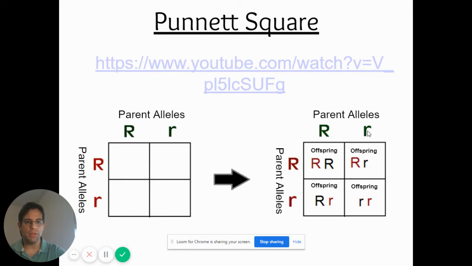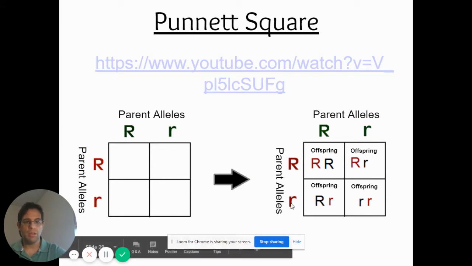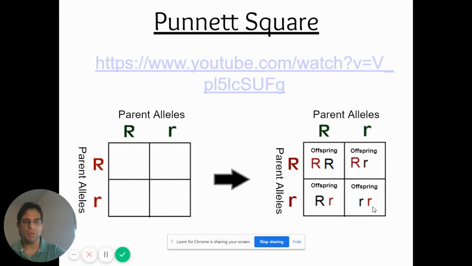Big R with small r, I have upper R, lower r. Small r with big R, we have big and small r. We usually bring the uppercase letter first. It doesn't matter. And the last one is bringing small r with small r. We're going to have lowercase r for this genotype, whatever it codes for.